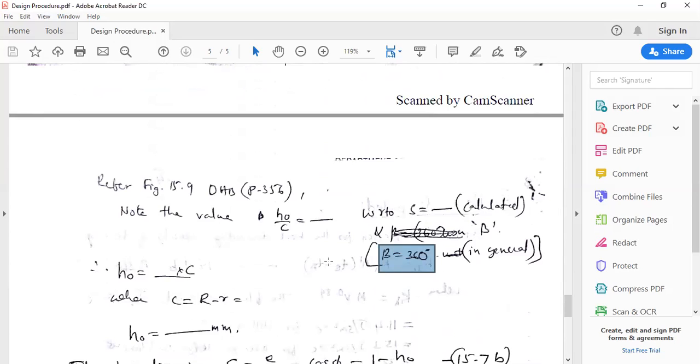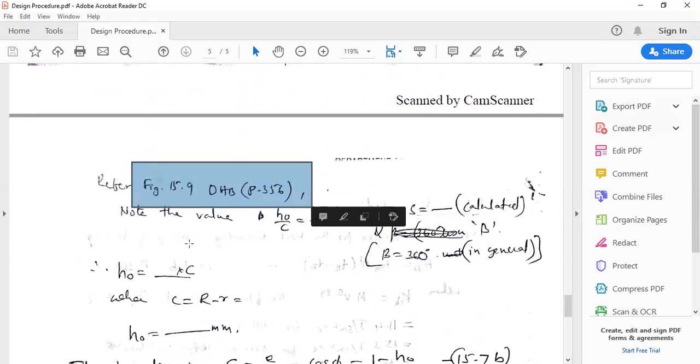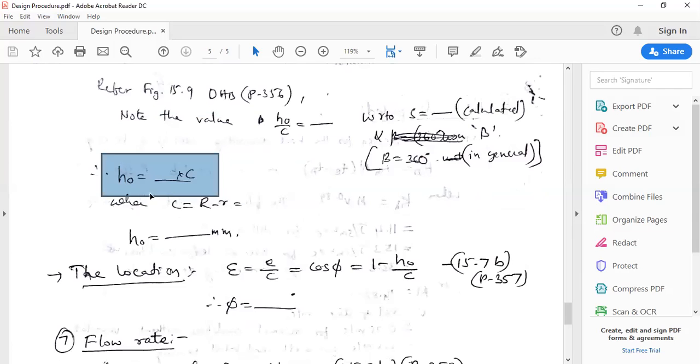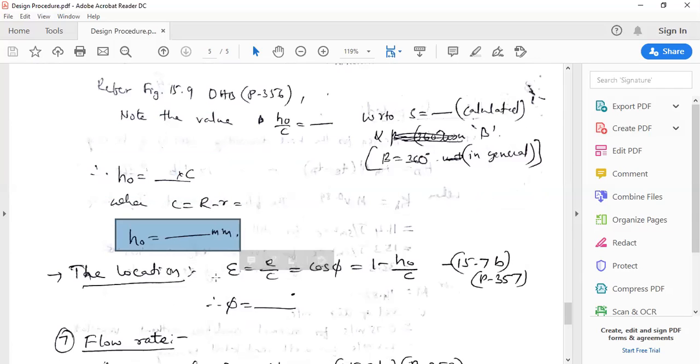Now we have to consider the case of the full bearing itself. So with the value of S calculated and beta value 360 degrees, we have to refer to figure number 15.9 of the data handbook, page number 356. There we will have the h naught by c value. Once you get the h naught by c value, it is to be multiplied by c, so that the value of h naught that we get here is what is called the minimum film thickness.